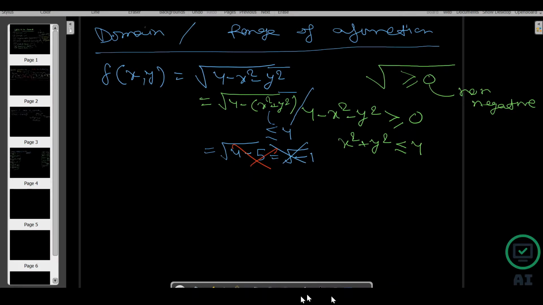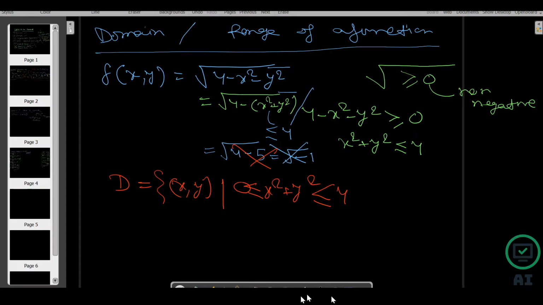So this is not defined. You would have understood x square plus y square should always be less than or equal to 4, then only this will be defined. So what is the domain of this particular function? Domain is nothing but (x, y) such that x square plus y square is less than or equal to 4 and greater than or equal to 0.